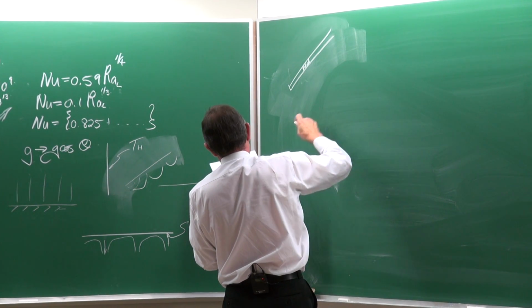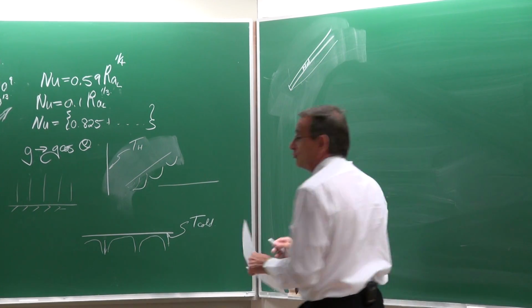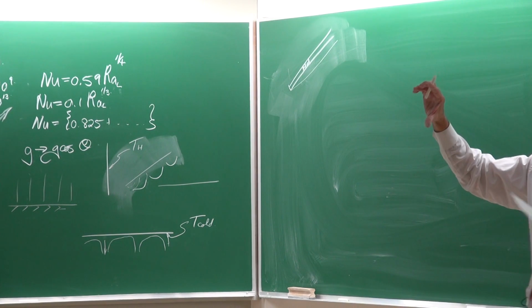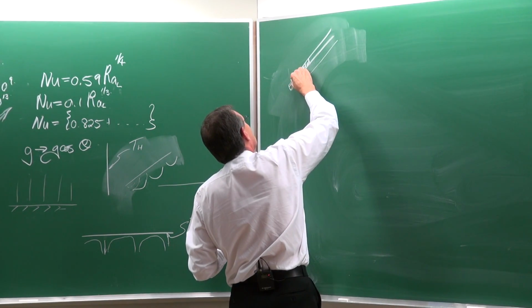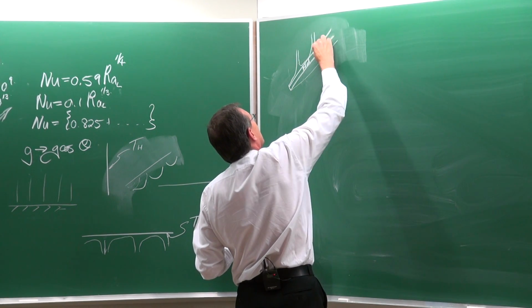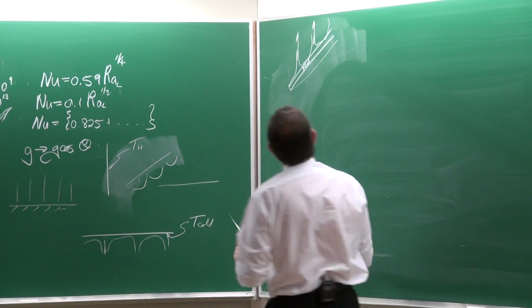So that's a hot plate. So if it is hot, then the boundary layer underneath is going to develop, and it's going to increase in thickness. However, at the top, it's going to start doing that, but you're going to have flow like that.